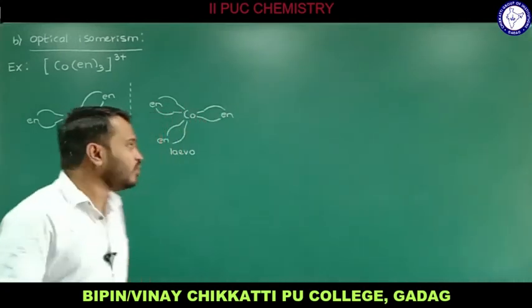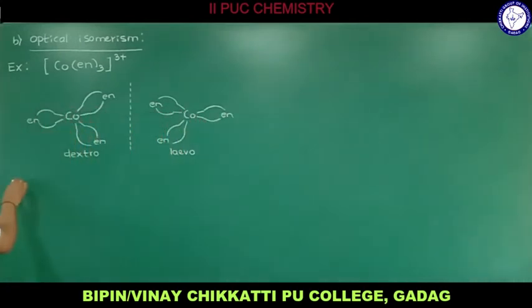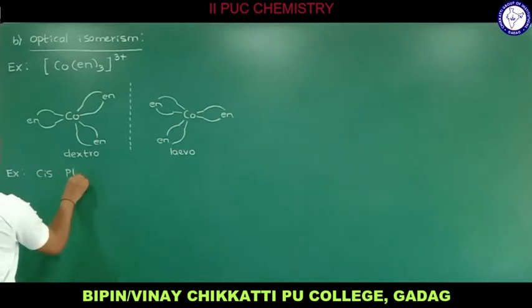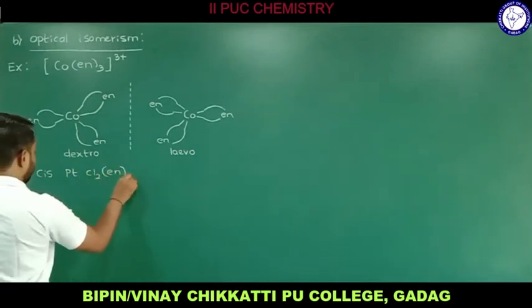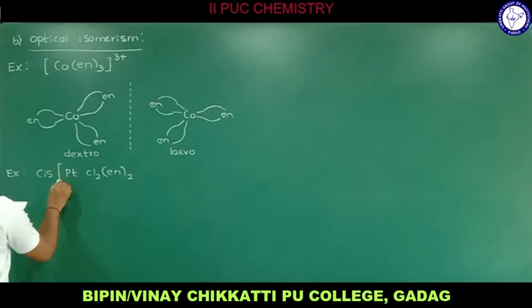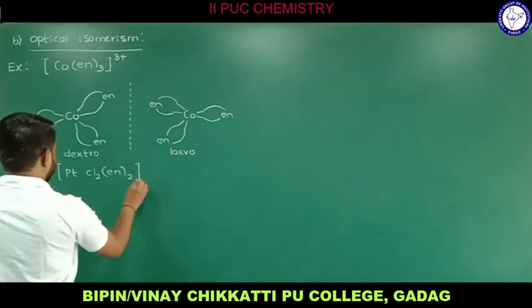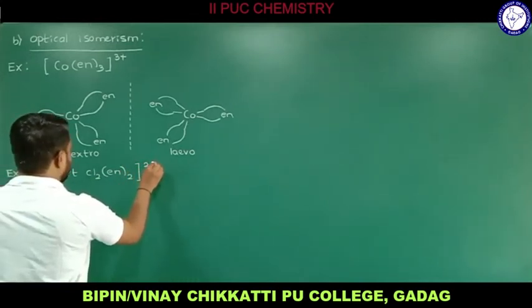Let me consider one more example to understand the optical isomer and optical isomerism better. The second example I am going to consider is cis-[PtCl2(En)2], and we have a charge over here. The charge will be 2 plus.